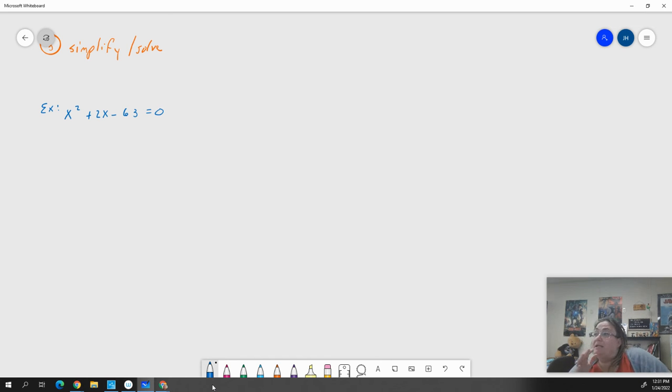So we're going to move on to step 2, which is to identify our A, B, and C, and plug them into our formula, which is, again, in case you forgot, minus B plus or minus the square root of B squared minus 4 times A times C, all over 2A. That's the formula. I'll write it again and again.